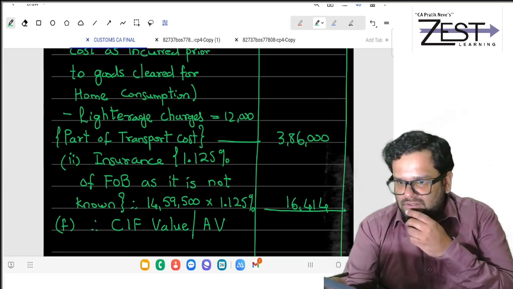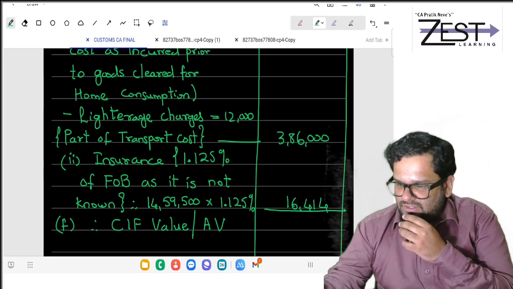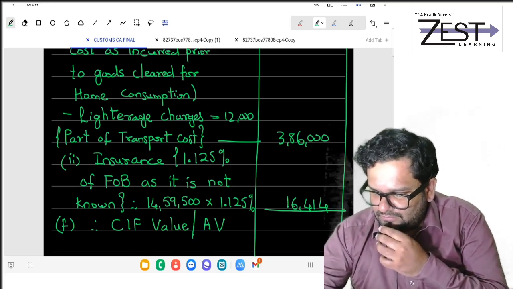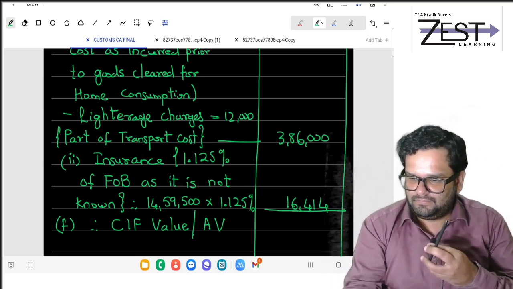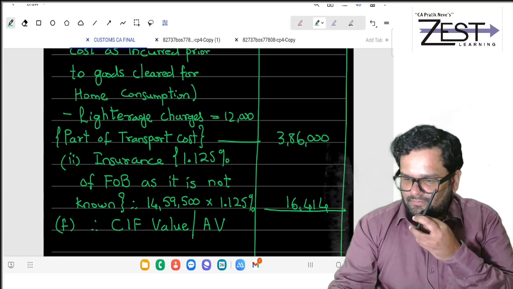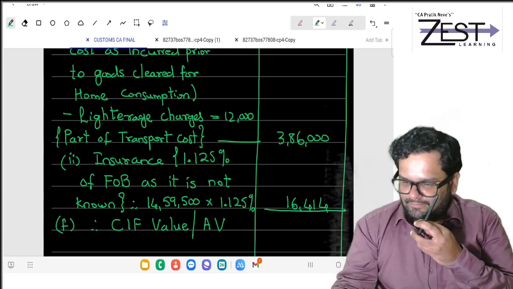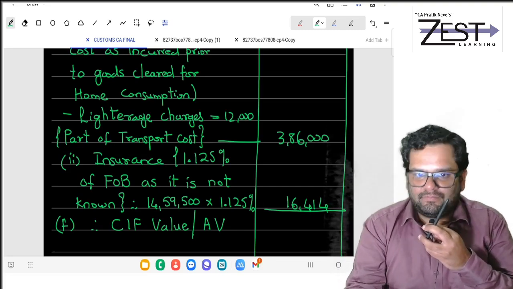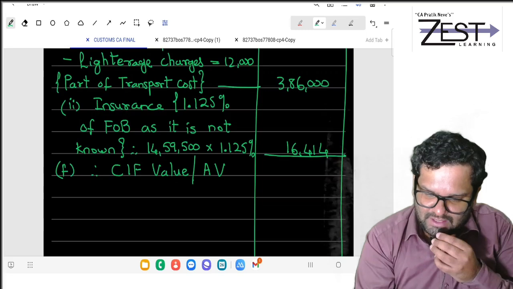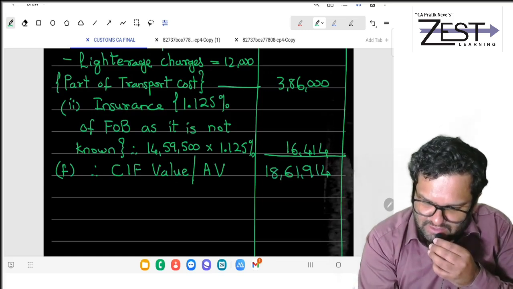Are you getting finally 18 lakh 61,914? Yes, no? 18 lakh 61,914.